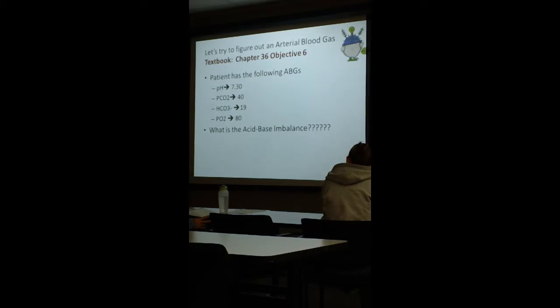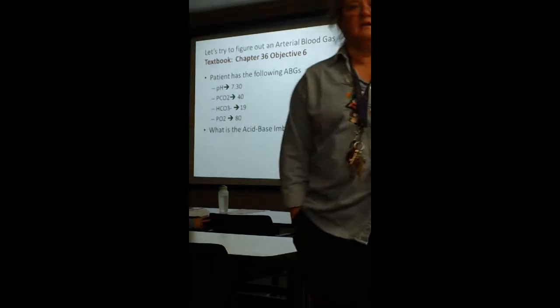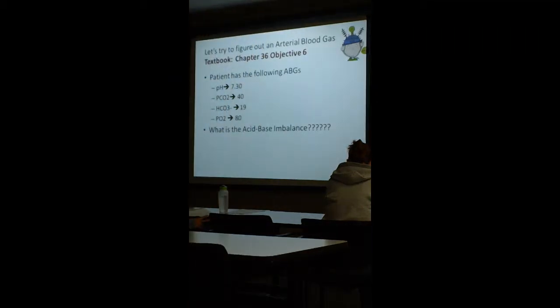The bicarb is 19. Is that low or high? Low. And I threw that distractor in there, that PO2, because people want to look at it, right? It's a distractor. What is this acid-base imbalance? What would y'all think it would be?